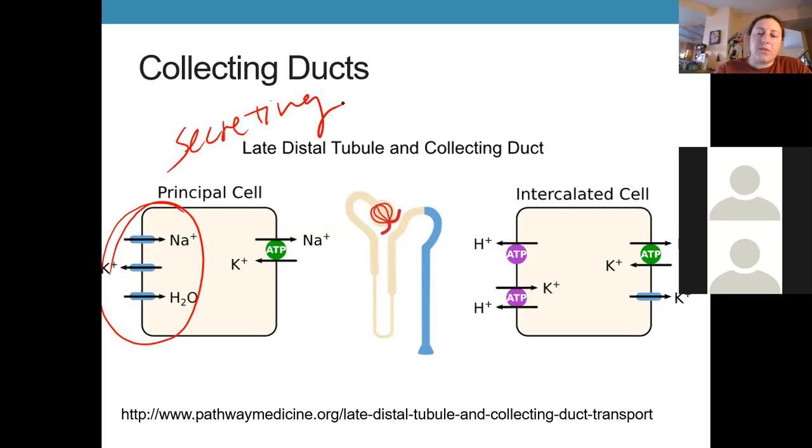And this is showing you the intercalated cells are secreting hydrogen ions, and they actually exchange it for potassium. So the amount of potassium that's reabsorbed versus secreted is actually dependent on the actions of both types of these cells.